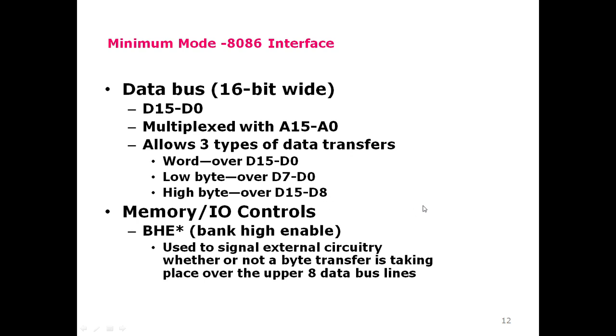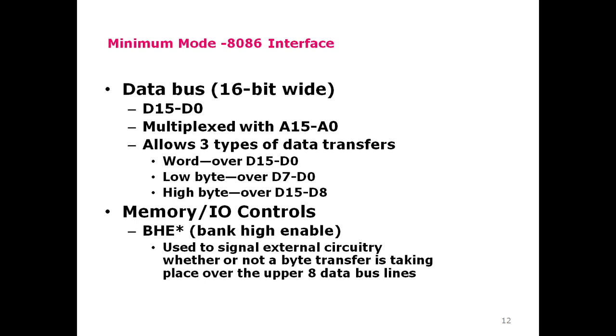For memory and input and output control, the Bus High Enable, or BHE (bar), is the pin. This BHE pin is used to signal external circuitry whether or not a byte transfer is taking place over the upper 8 data bus lines.